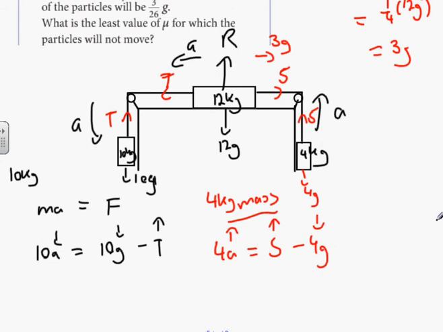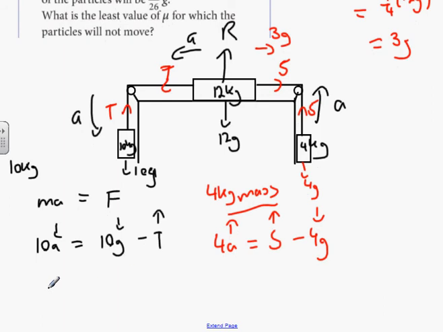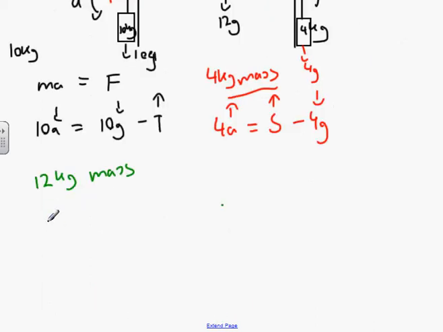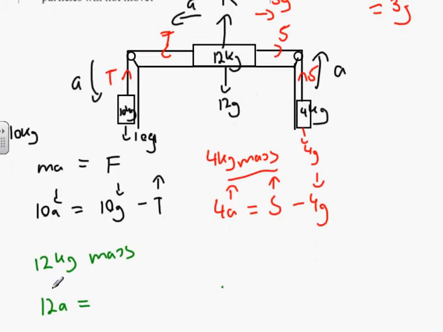We'll do it a bit lower again. 12 kilogram mass, anybody? So start off with ma. What's ma? 12a. Going which direction? Left. What's pulling it left? T. What's pulling it right? Minus S going to the right and minus your 3g friction.